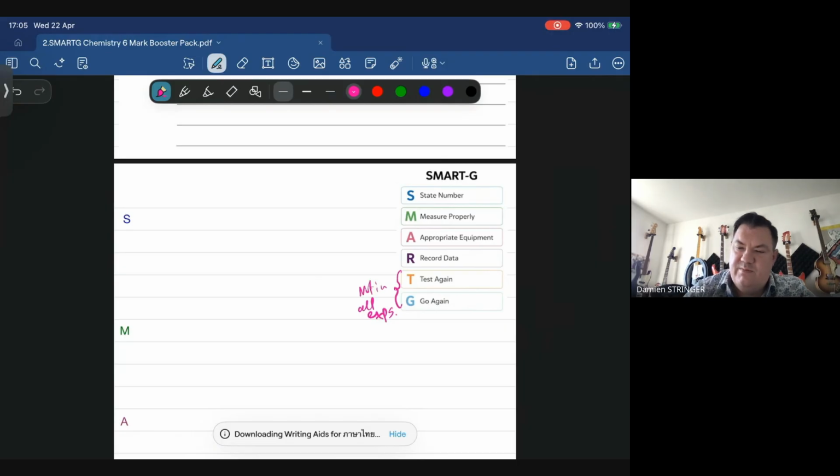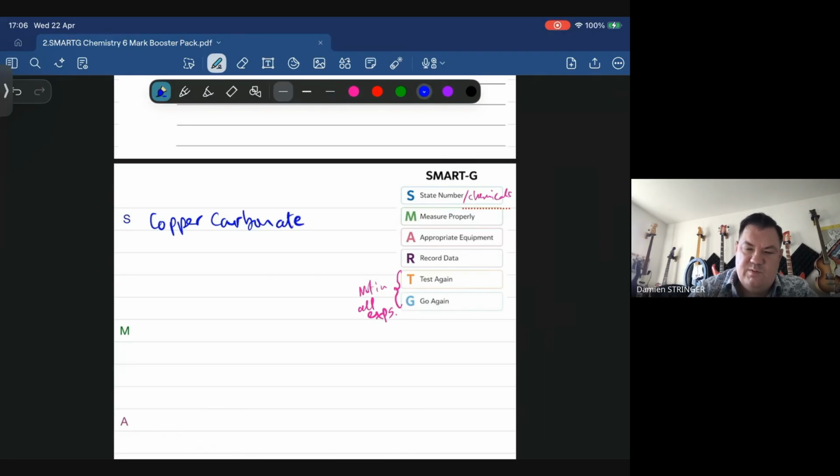State number, that can be state number or chemicals involved. So if we're just having to think about what chemicals are involved, we've just gone through that. So we will be using copper carbonate. And I suppose we could, if we really wanted to, use copper oxide, and that's the one that most people use. So this is the more common.